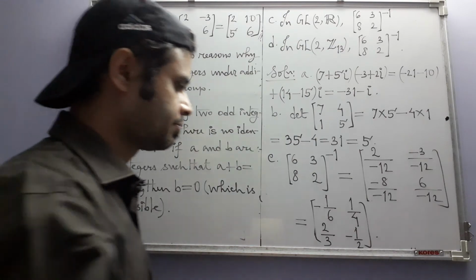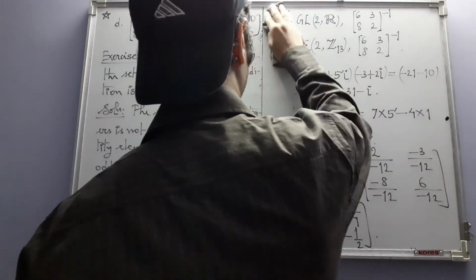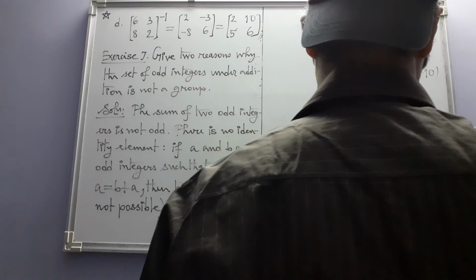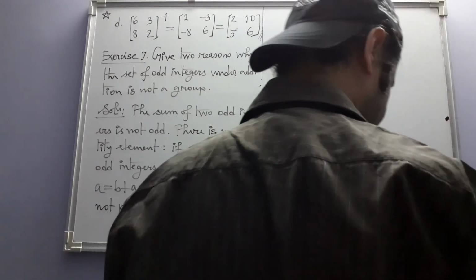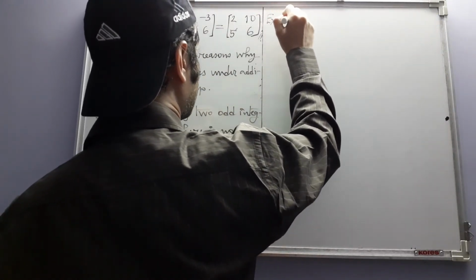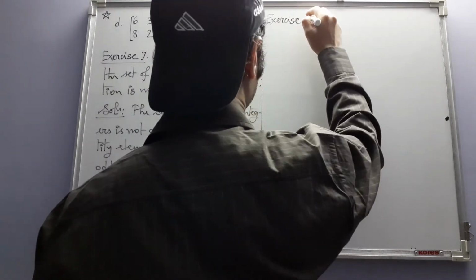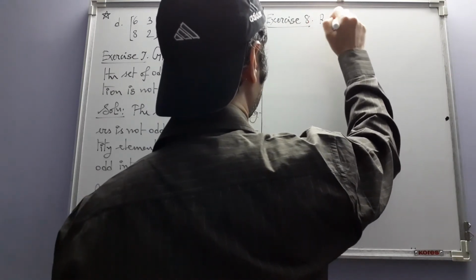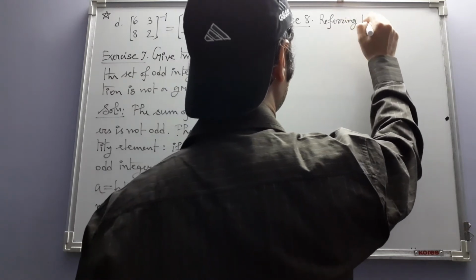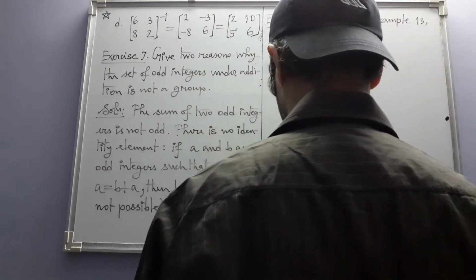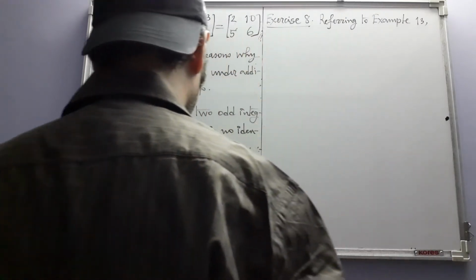Next, exercise 8. Referring to example 13, verify the assertion that subtraction is not associative.